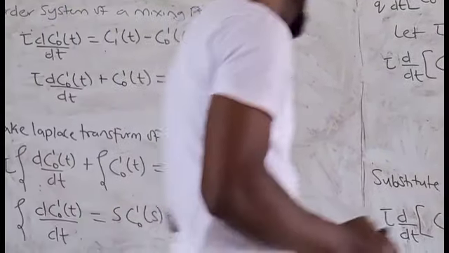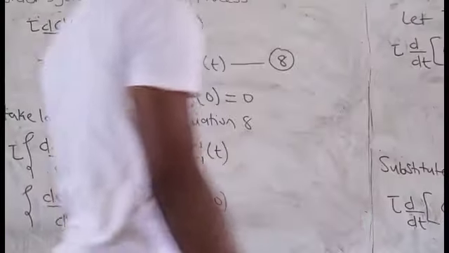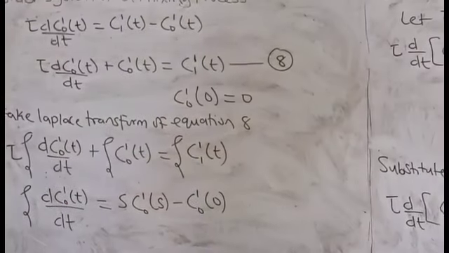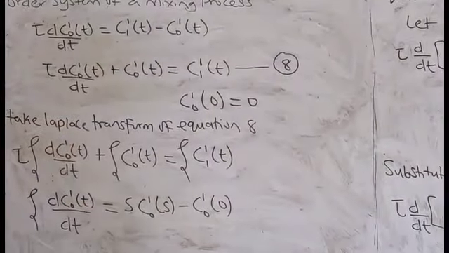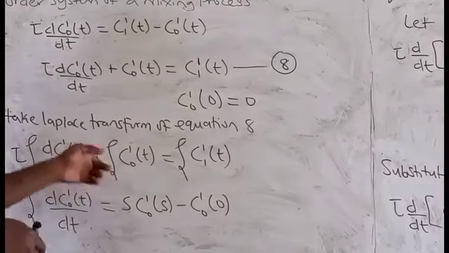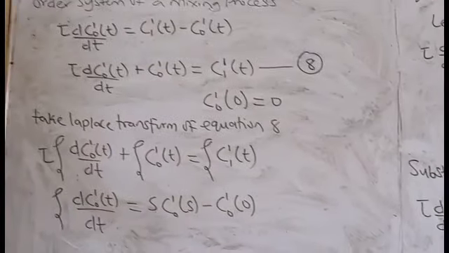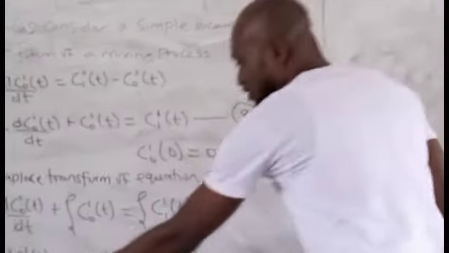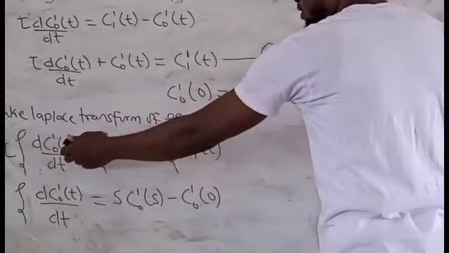This is what I'm going to get. If you take the Laplace transformation of this first order derivative, it will give you this. From here, we're going to substitute it into this equation, and from there we solve.